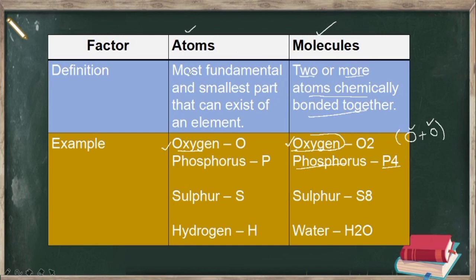We will recall again: an atom is the fundamental and smallest part of an element, whereas molecules are two or more atoms which are chemically bonded together. So this is regarding atoms and molecules.